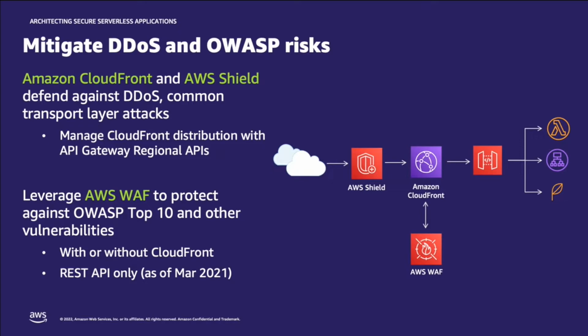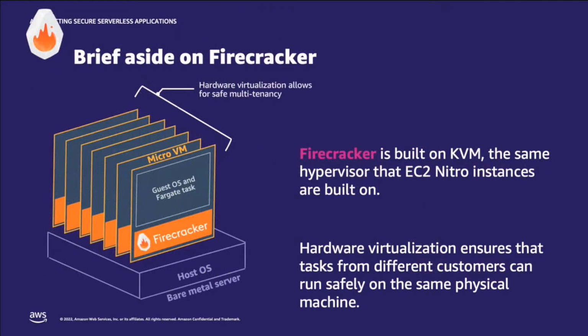And again, as a reminder on the things I just said, a brief aside on Firecracker, right? Firecracker is an open source execution environment customized for running serverless functions, right? And also it's used for AWS Fargate.